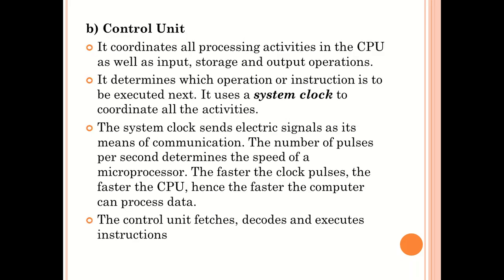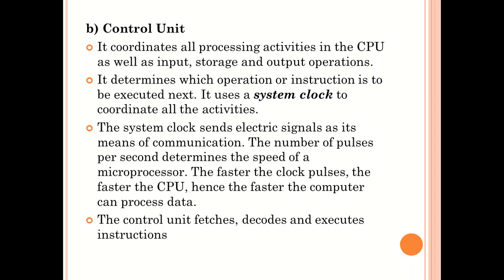Okay. Now the control unit plays a very vital role, and in terms of hierarchy, the control unit comes first. These are some of the things the control unit does. It coordinates all the processing activities in the CPU. Processing starts from input, storage, and output operations.